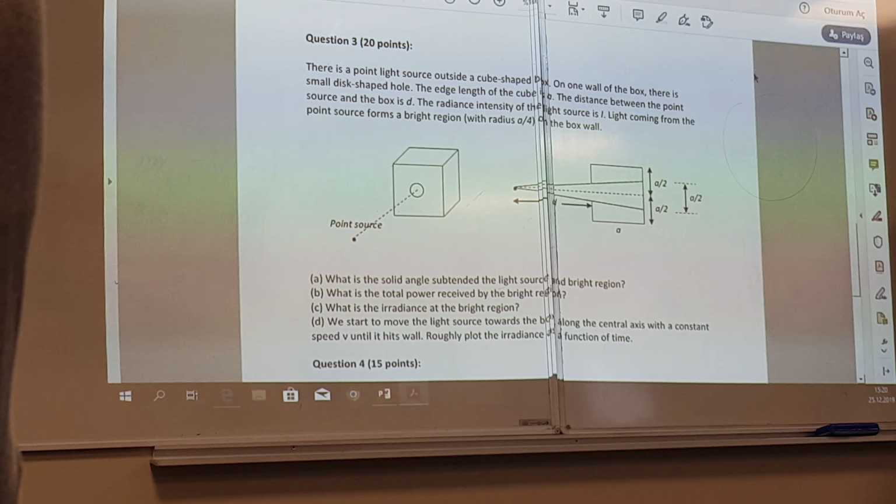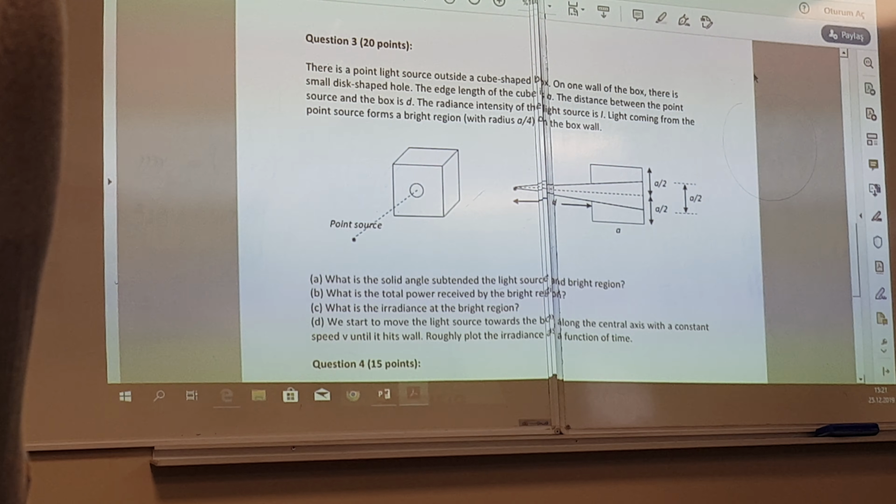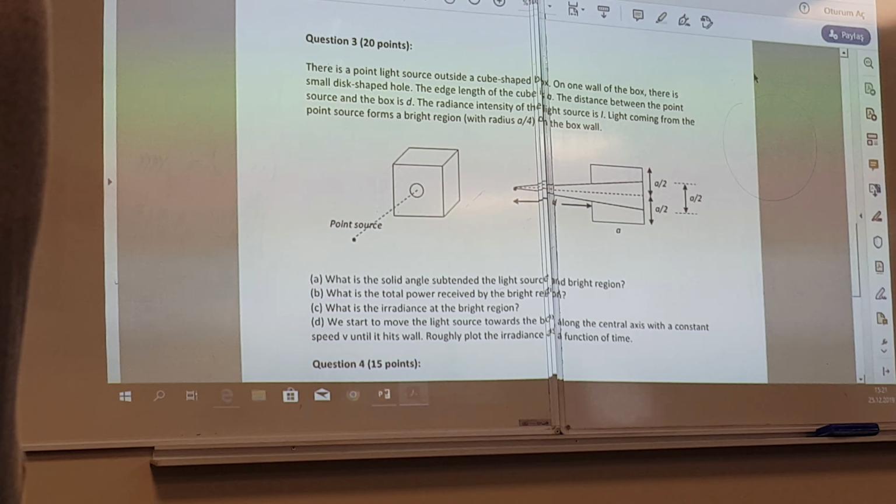So writing solid angles, writing the total power received, irradiance, and so on. Do some math on such a spherical surface, and you can also do some exercise on photometric stereo as well.